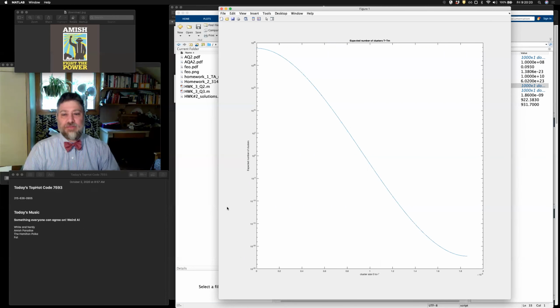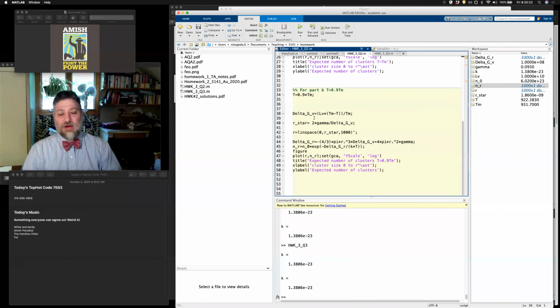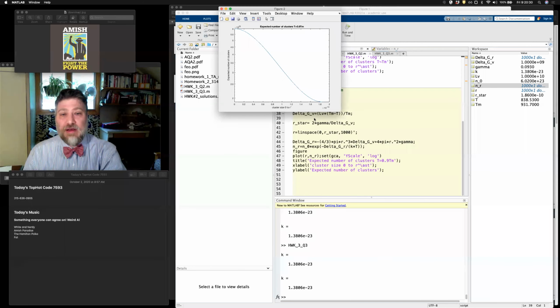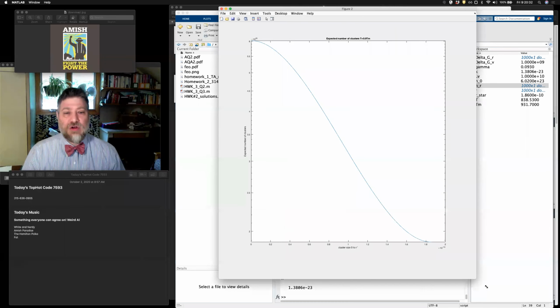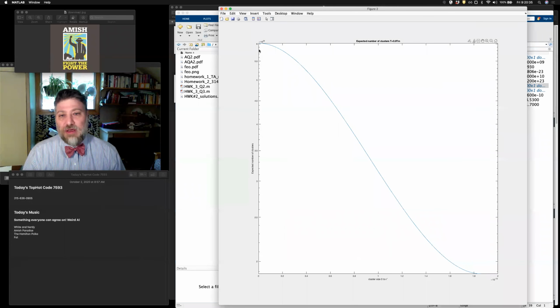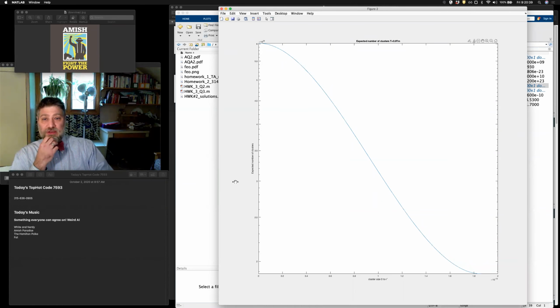how little driving force you actually have for nucleation very close to the melting point. If we do this now at an undercooling of 0.9 melting, we get a graph. Of course, it's got the same sigmoidal shape, but look at the scale now. Of course, I've plotted both of these on a log scale. You can do it on a linear scale, but you see out at R star, the asymptote it goes to is still around 10 to the 23rd.